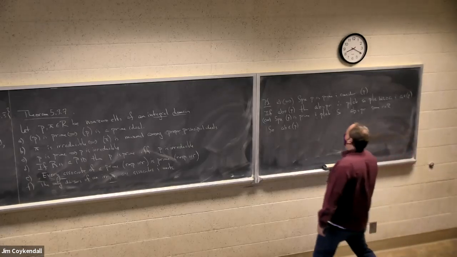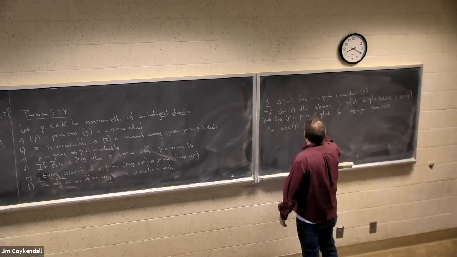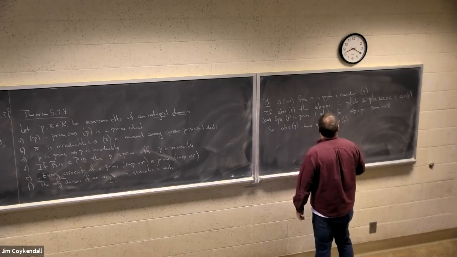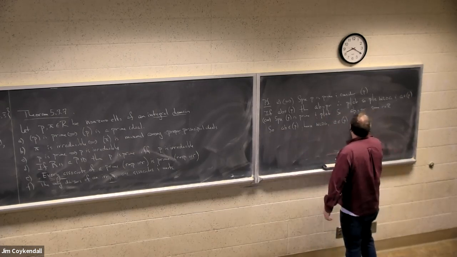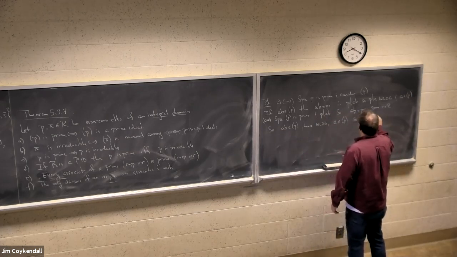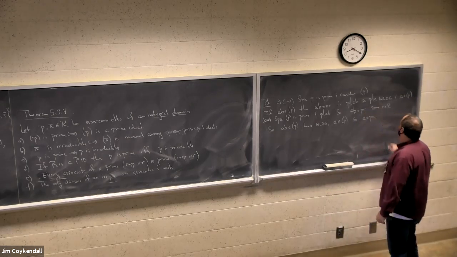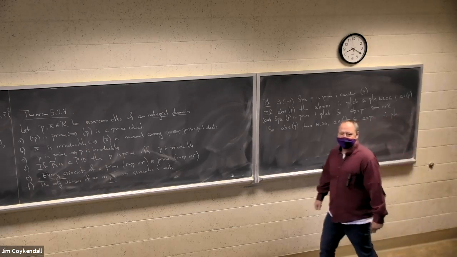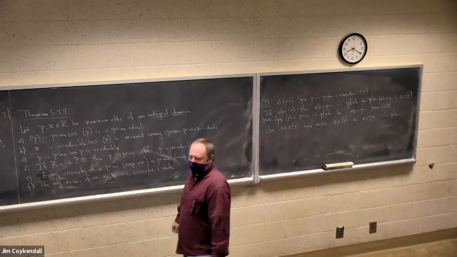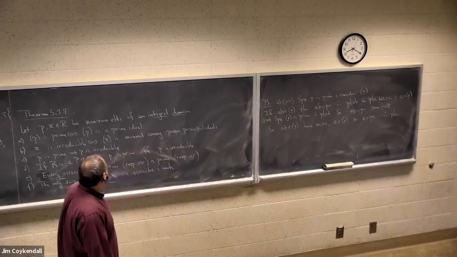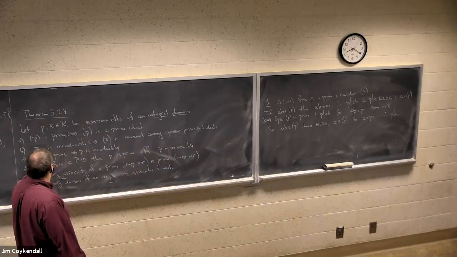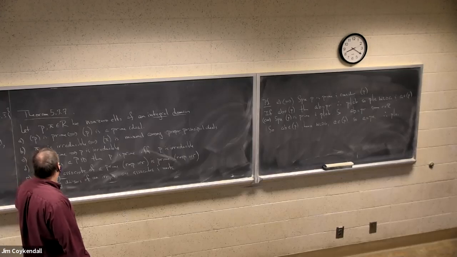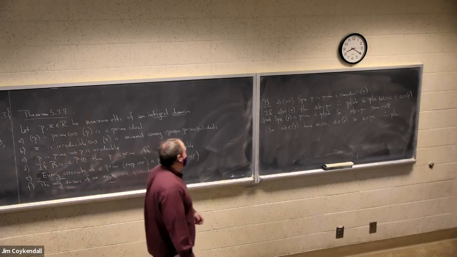So without loss of generality, A is in the ideal generated by P. So A is equal to PS. Therefore, looks to me like we don't need domain there. In fact, I think we may only need commutativity and B.